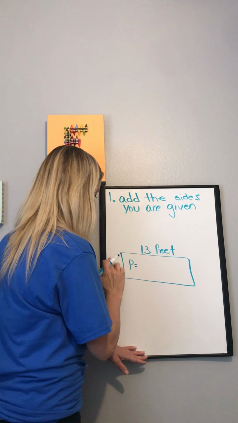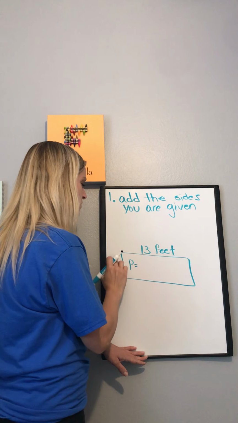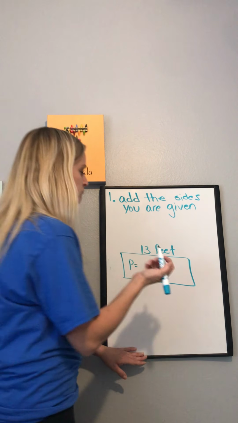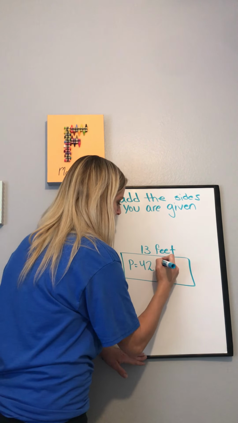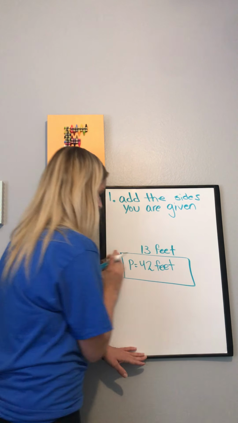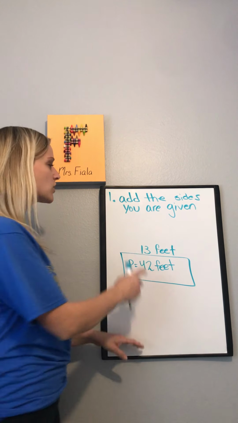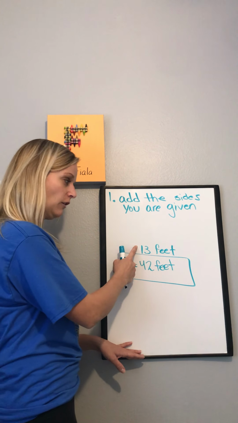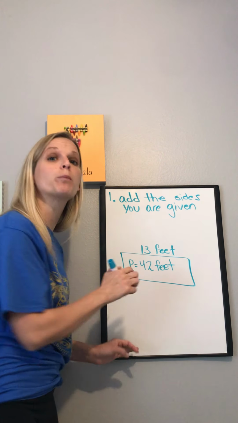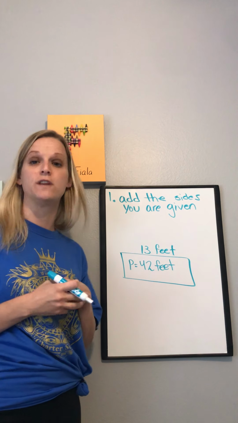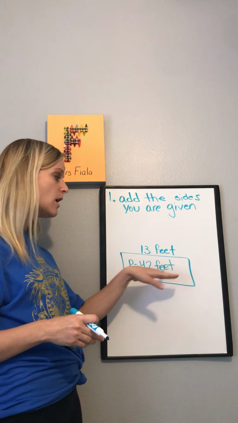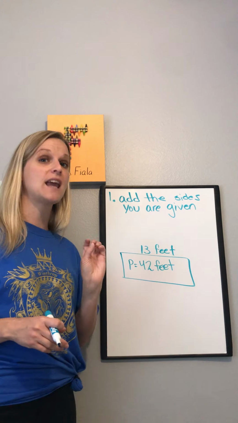Oops, I'm sorry. Your perimeter is going to be 42 feet. I forgot, I'm not giving you the other side length. That's what we have to find, actually. So you're given the side length of 13 feet, and I'm telling you the perimeter is 42 feet, okay? It's not squared because we're talking about perimeter, not area, okay?